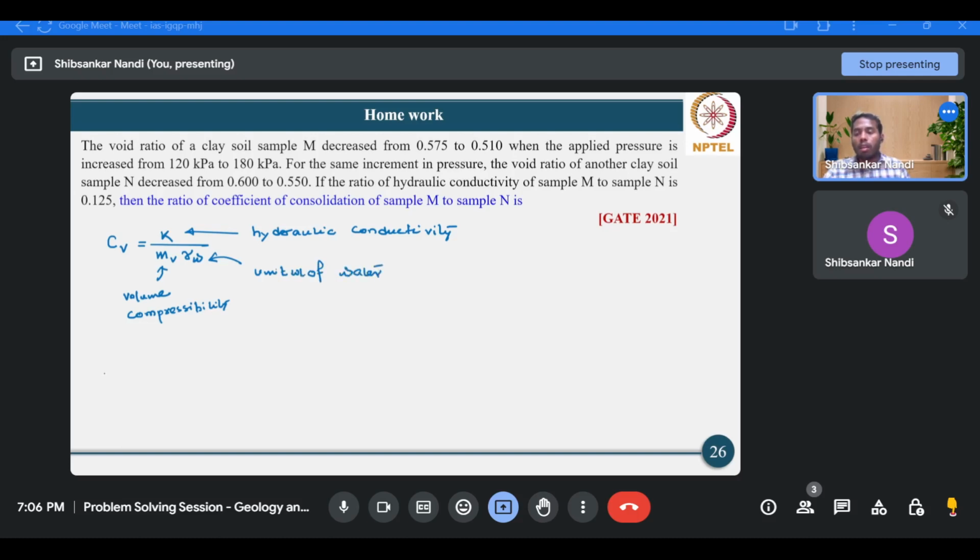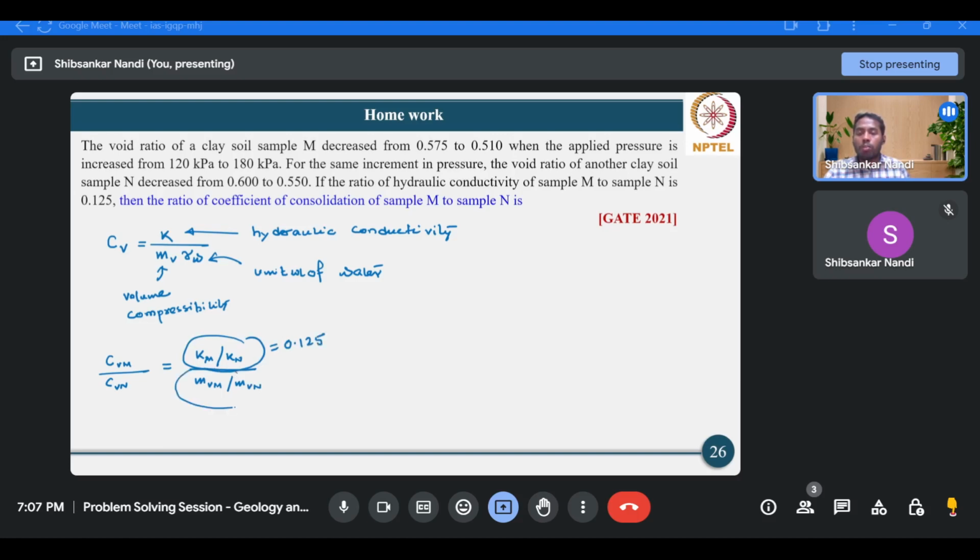Now unit weight of water will not change, so CVM by CVN will simply be KM by KN divided by MVM by MVN. Now this ratio is given as 0.125.